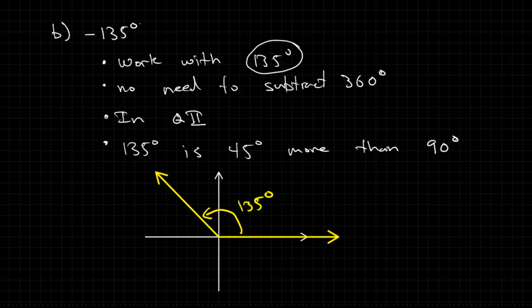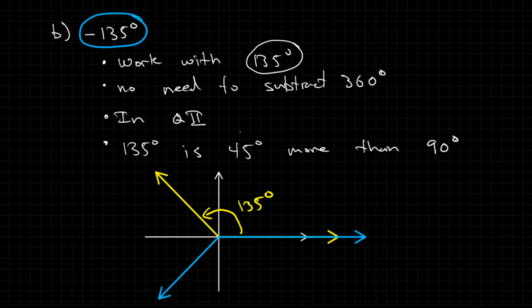Let's go ahead and not draw an arrow, perhaps a circle. Again, its initial side is going to be on the x-axis. And now instead of going counterclockwise 135 degrees, I'm going to go clockwise the exact same amount, and that would land me here in quadrant 3.